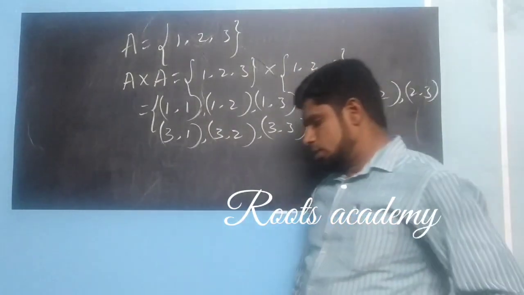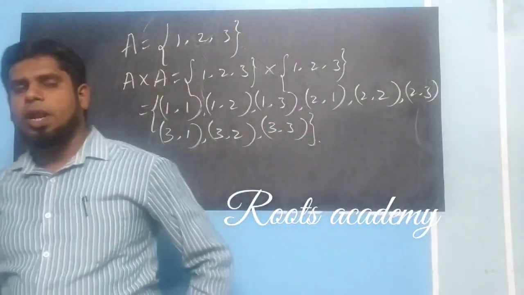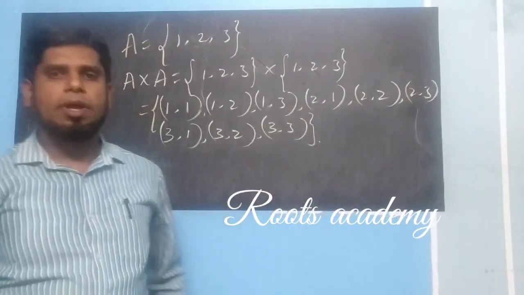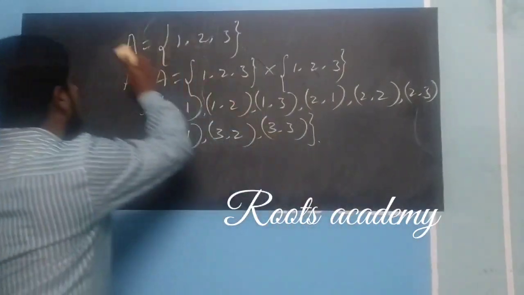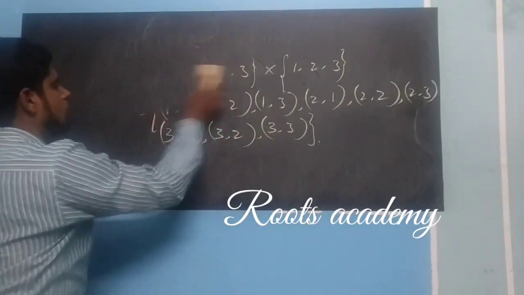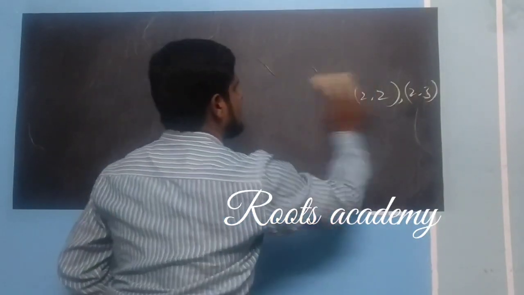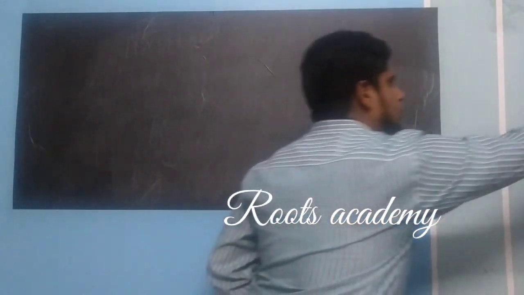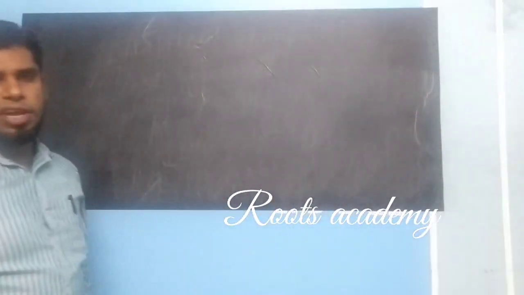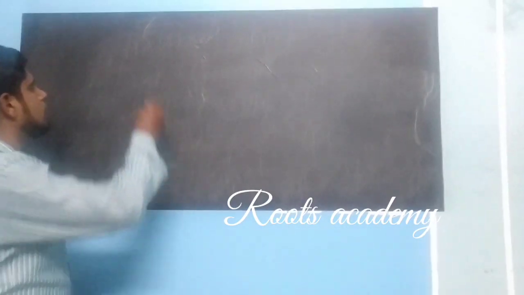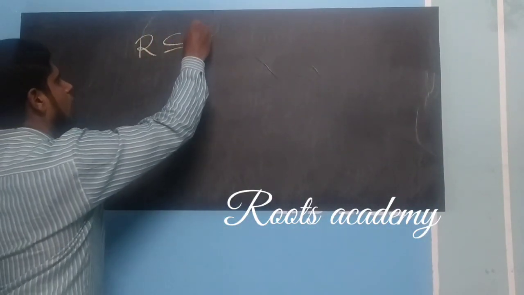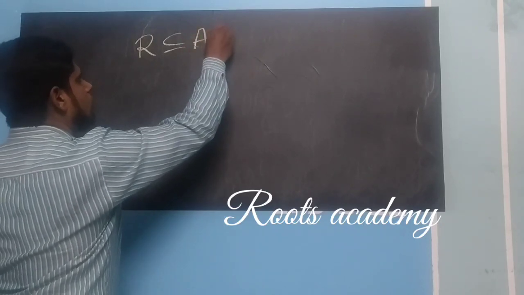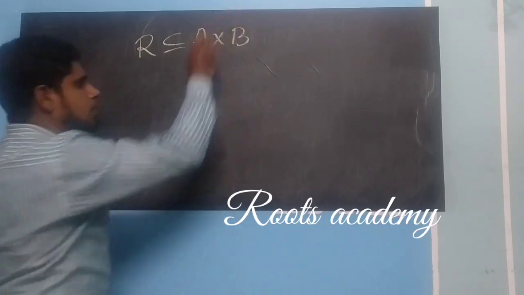After the Cartesian product, now let us study the relation. What is a relation? The definition of relation is: it is a subset of the Cartesian product of non-empty sets.